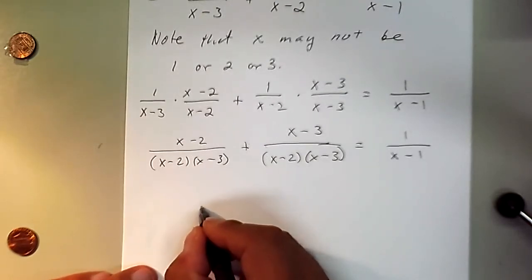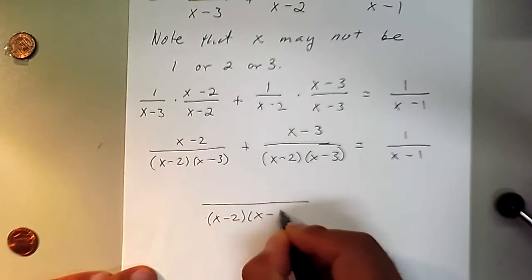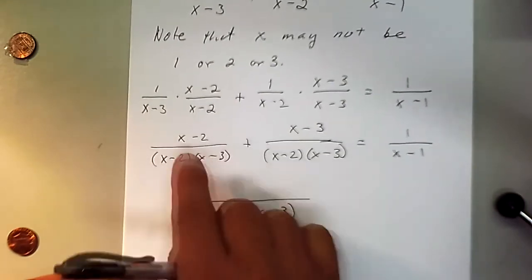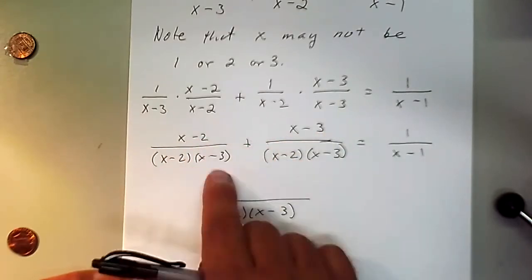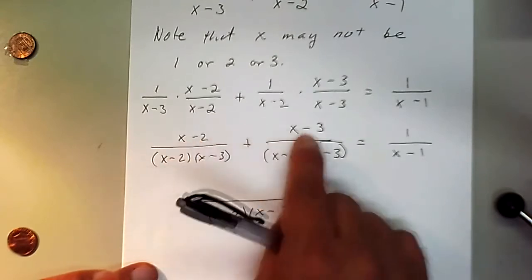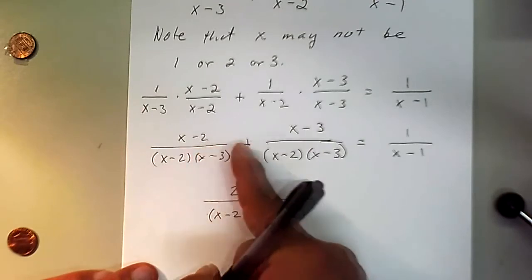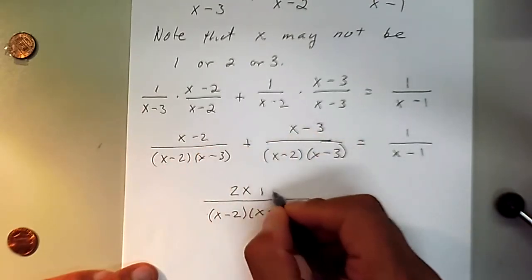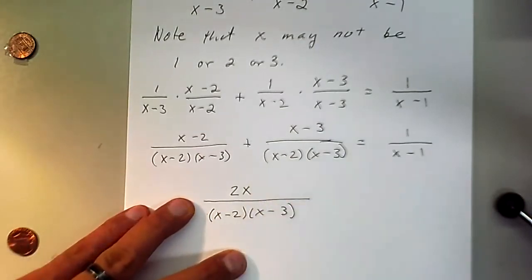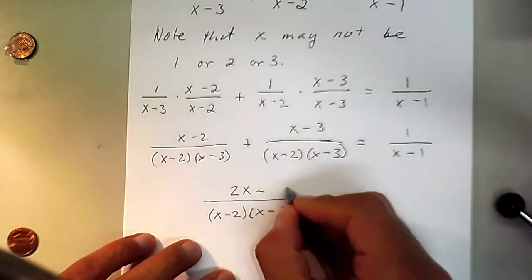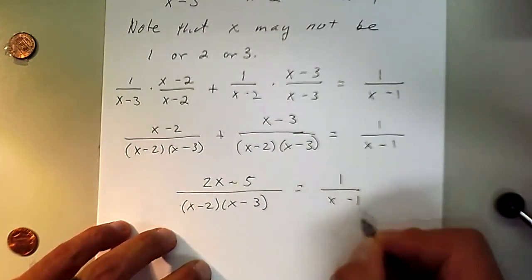So this will become one fraction, x minus 2, x minus 3. And we have x minus 2 plus x minus 3 of the same denominator. So that means we can simply add the numerators, x plus x, 2x. Negative 2 plus negative 3 is negative 5, but that is written as minus 5 equals 1 over x minus 1.